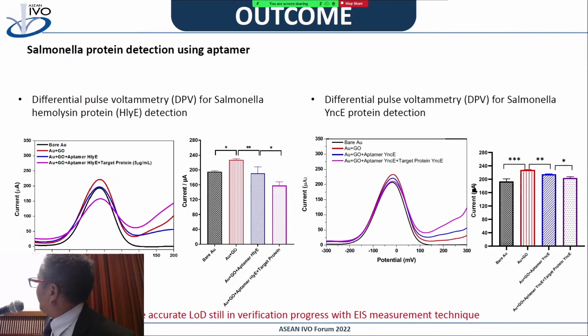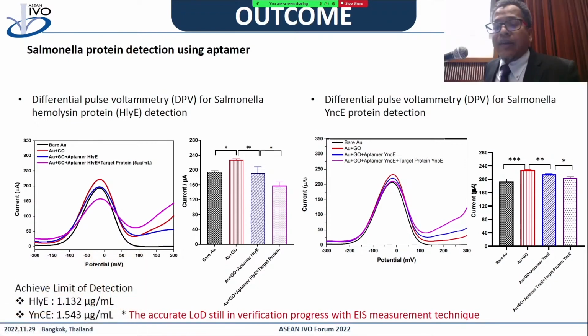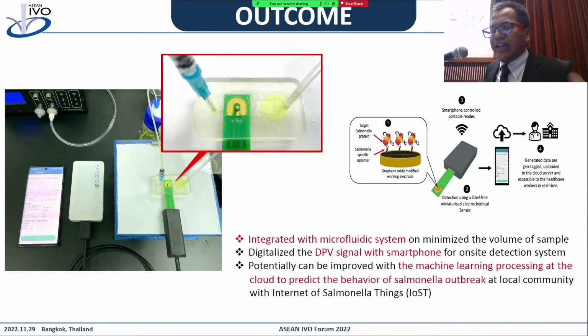We have worked with YNCE and also the hemolysin protein, and we have achieved 1.132 microgram per milliliter. This is still in progress to improve the sensitivity using the EIS measurement technique. That is the current outcome that we have.